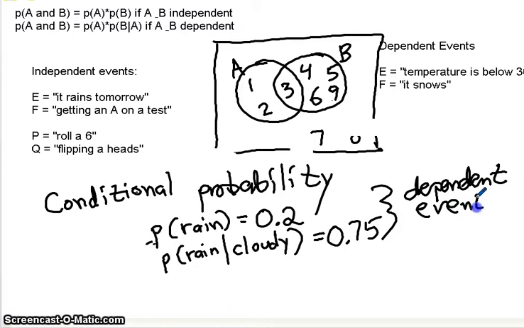How can I tell they're dependent events? Well, other than, obviously rain and clouds are dependent. But aside from that, if I just replace it with generic events, how can I tell if they're independent?